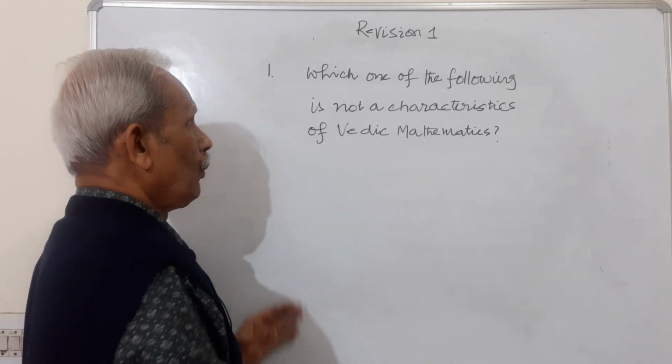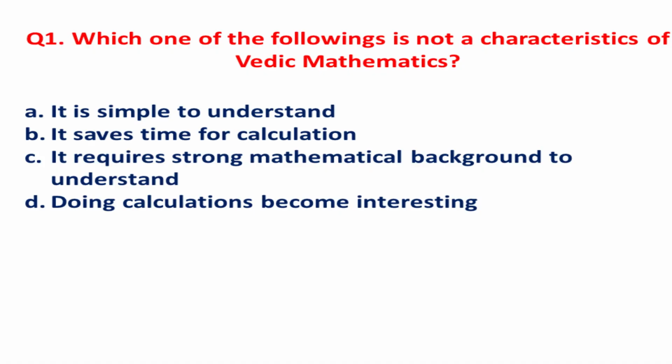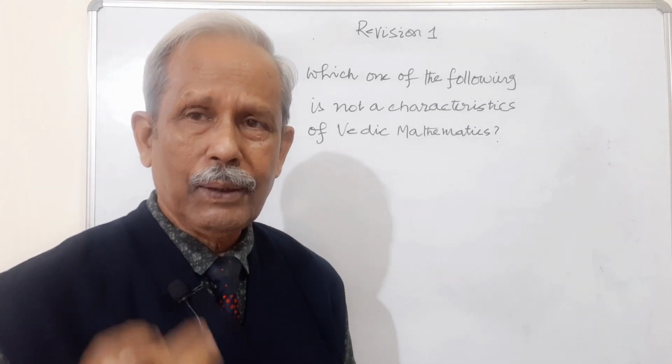Number 1, it is simple to understand. Number 2, it saves time for calculation. Number 3, it requires strong mathematical background to understand and follow. Number 4, doing calculation becomes interesting. Which one of these is not a characteristic of Vedic mathematics? Give a pause, write it down in your copy and then come back.